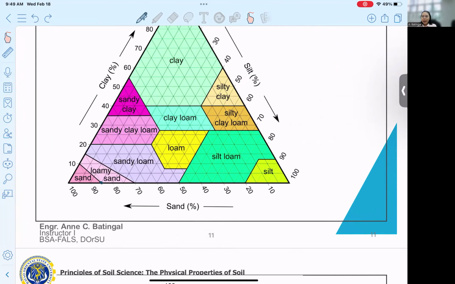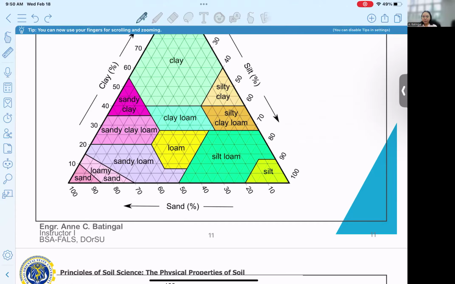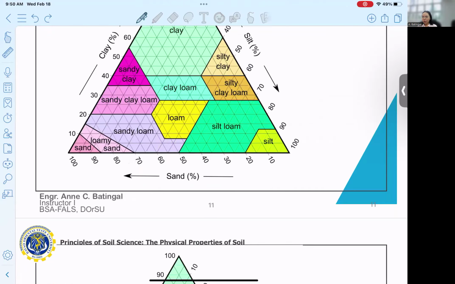Now, your loamy sand, where is your loamy sand? It depends on the proportion. In the soil texture triangle, you are given data on the percentage of your sand, silt, and clay, and their total is always 100. It is best explained by an example. So we have an example for your soil texture triangle.